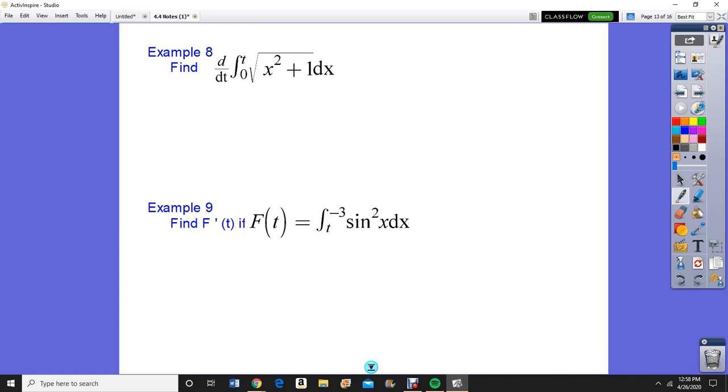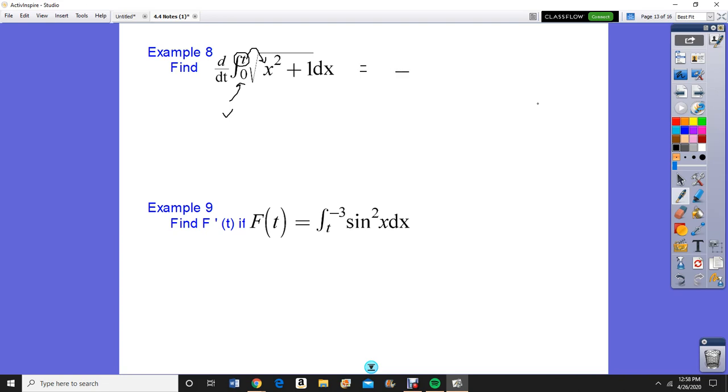So here we'll now take the derivative with respect to t. Notice t is this upper bound, and this function is written in terms of x. Step 1, is the constant on the bottom? Yes. Step 2, we take this variable expression, it just happens to be a t, and replace it with every variable expression that follows that integral.